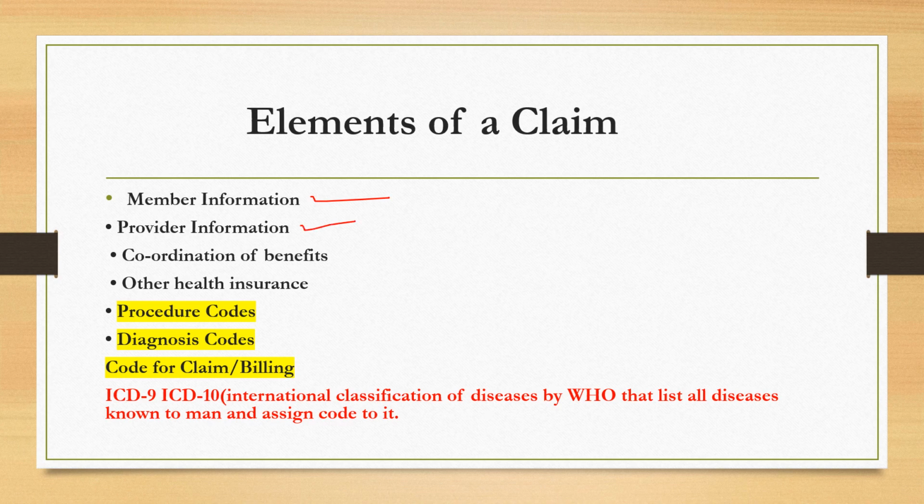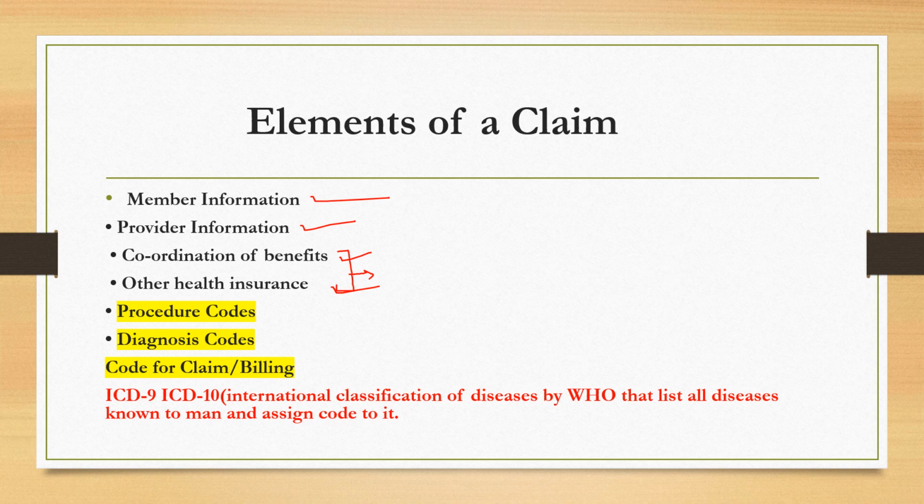The provider information, their tax ID number, their medical number, their clinic number, and a few other things they need to submit before they submit the claims. Other health insurance, we call it, or coordination of benefits. These two are interlinked together. If there is any accident or employer benefits in there, OHI, we call this. We will talk in detail how this works.